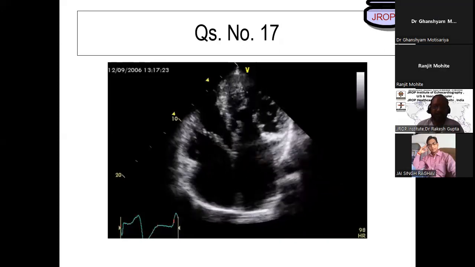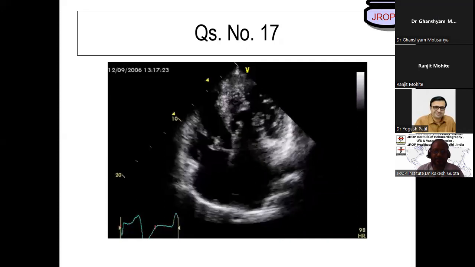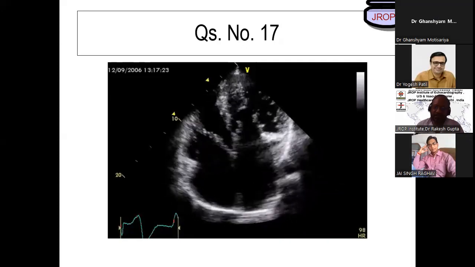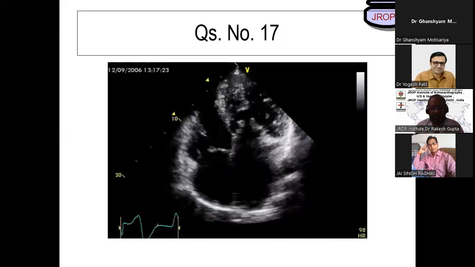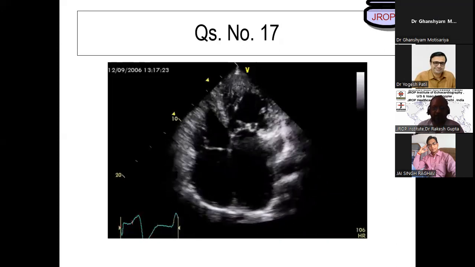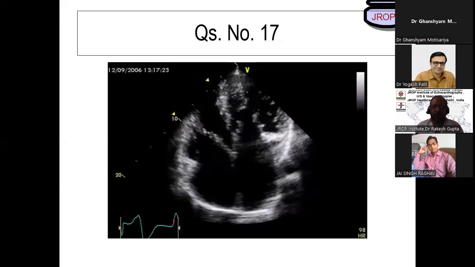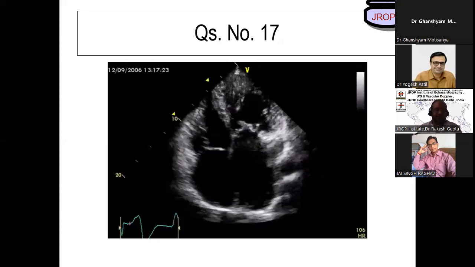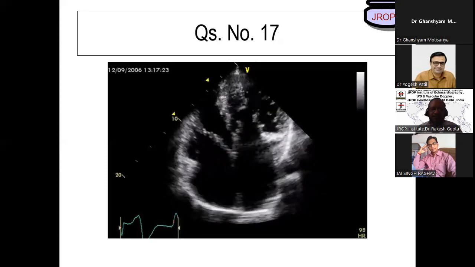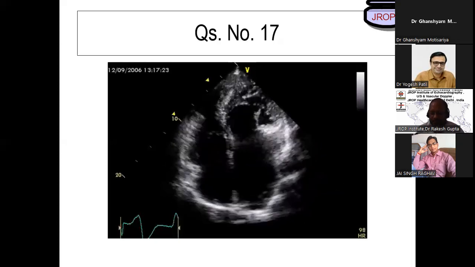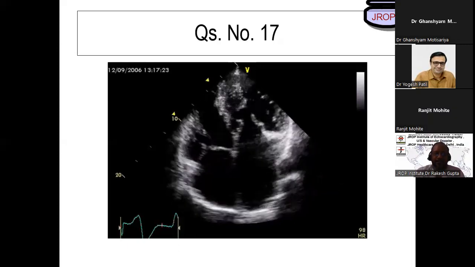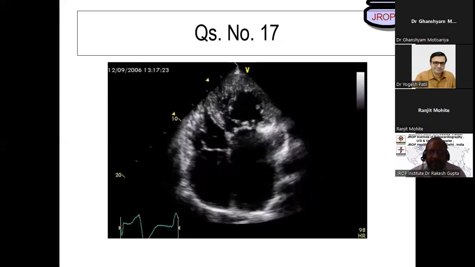And mitral valve is more apically placed rather than tricuspid valve. Okay. Good job done. Number of goals scored. Good. Tell me the diagnosis, man. Sir, this is actually LA attached to RV.